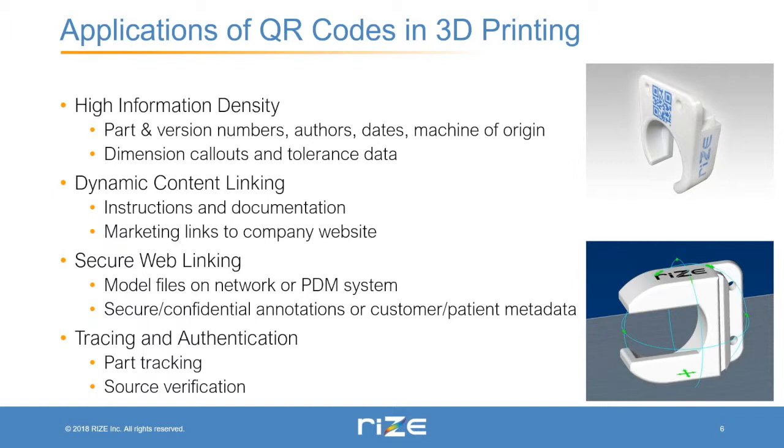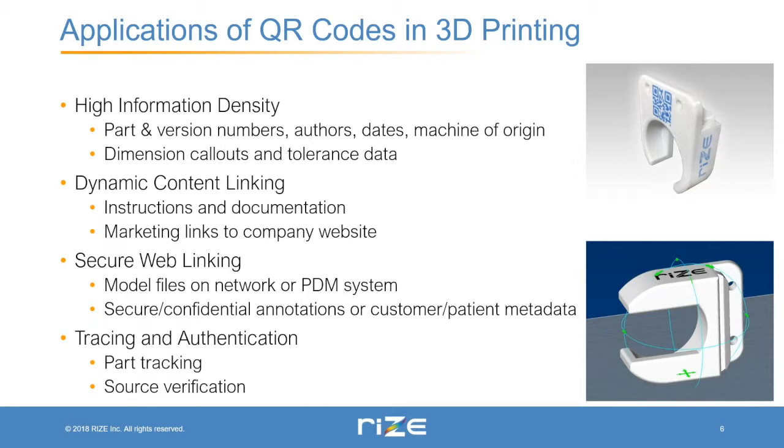It can also include secure or confidential annotations related to a part, or the customer or patient metadata associated with either the patient, perhaps that a medical model was produced from, or a customer that has requested a certain part and has confidential uses for it.